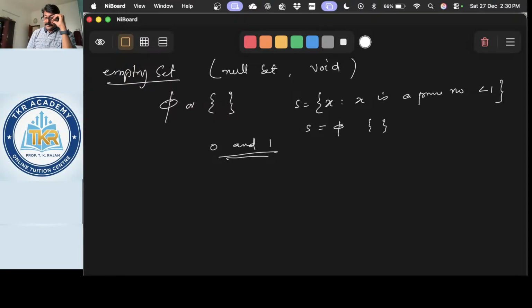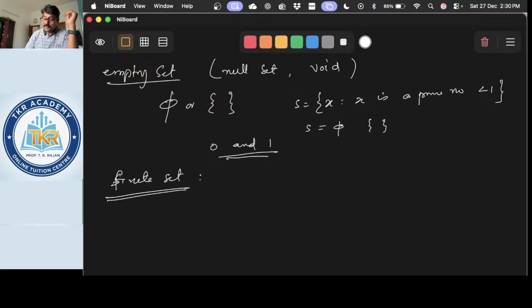Now, some sets are finite. What is a finite set? When we say a set is finite, I am not going to the actual definition of finite. You simply say that it has only a fixed number of elements.